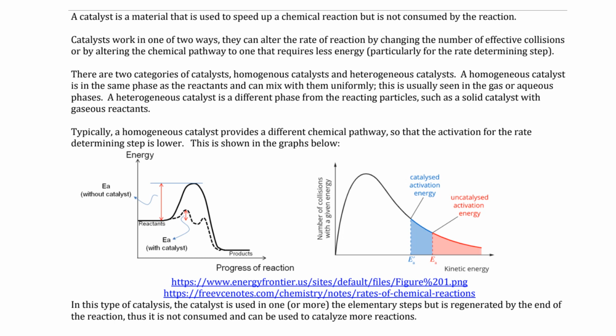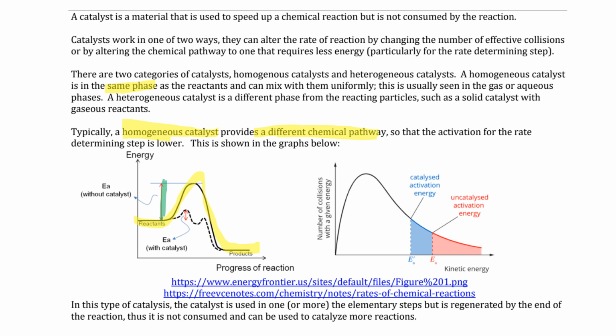So there may be something to note for y'all. If it is a homogeneous catalyst, it will tell you. That means it's the same phase. And what they do is they alter the chemical pathway. So as you can see, in this particular example, you have one pathway. Notice by adding a catalyst, though, your EA changes.